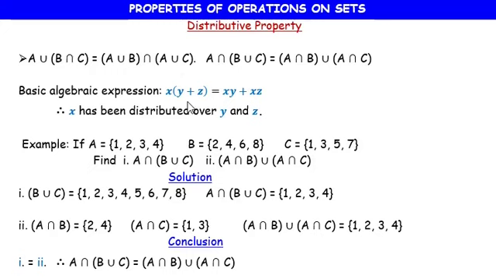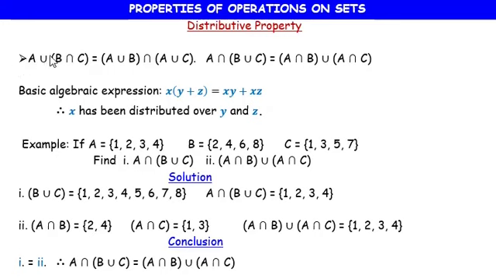Just as with the algebraic expression, the operation that was separating the X and the bracket was the multiplication, and that was the same operation we used to pair the X with the Y and the Z, right? So here we had X times Y and then X times Z, and then you realize that the operation that separated the Y and the Z was what was used to separate the two pairs. So we had XY plus XZ.